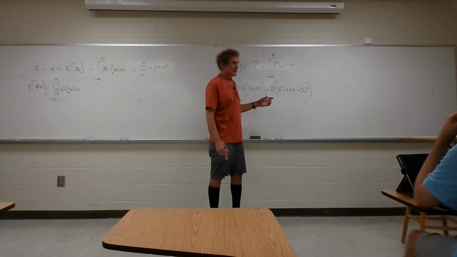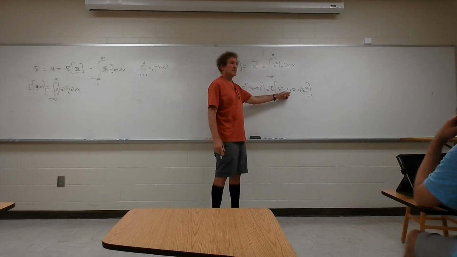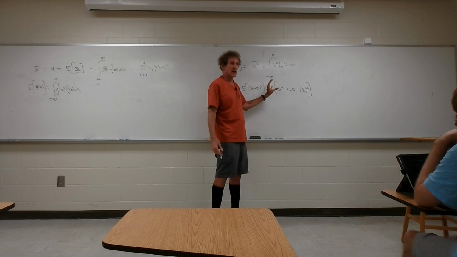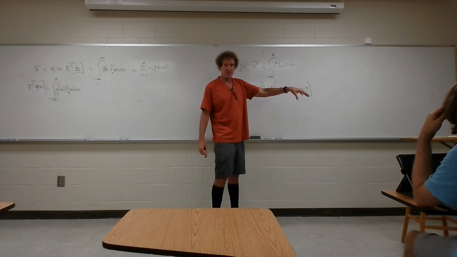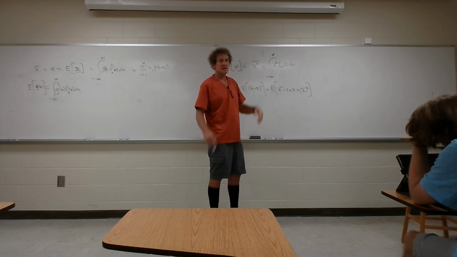Now, anytime you have the expected value of A plus B plus C or anything like that, you can break it out as the expected value of A plus the expected value of B plus the expected value of C. Follow me on this? These are all linear operators.